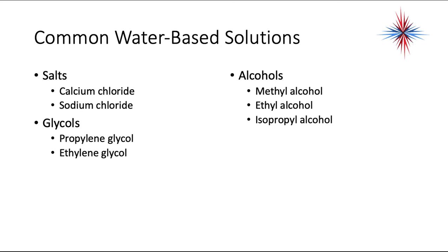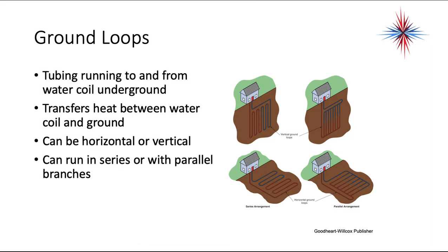Okay, all of these are solutions that can be put inside the water loops to prevent them from freezing and encourage better heat exchange. You have to look at manufacturer recommendations for both the system and the material that the water loop is based on to figure out which is the correct one to use. There's also some environmental reasons why you can't use some of these in certain areas.